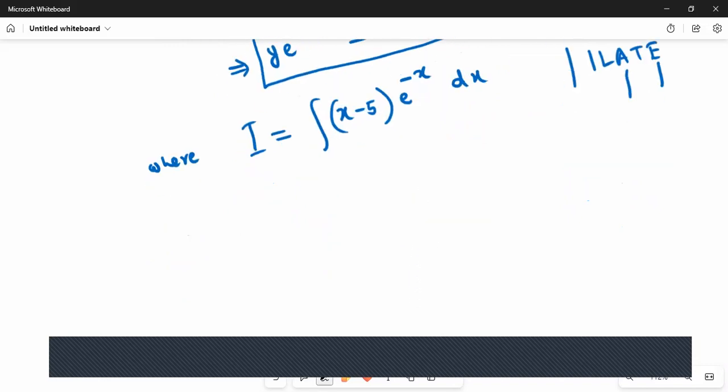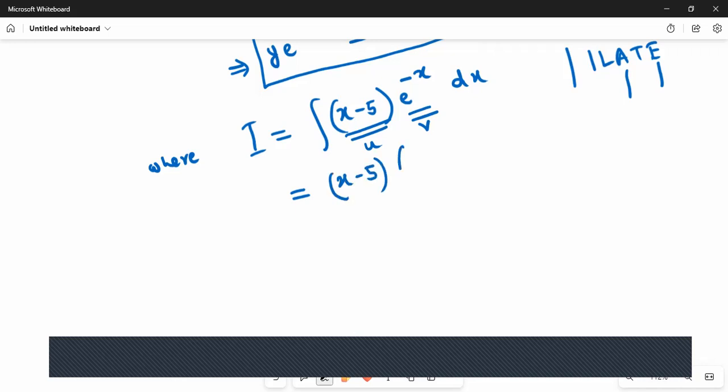The same way, as you can see, this is your u and this is your v function. So first you will use x minus 5 as u.